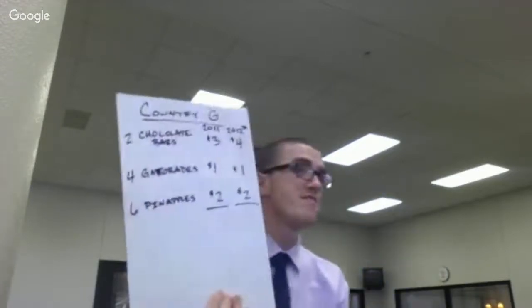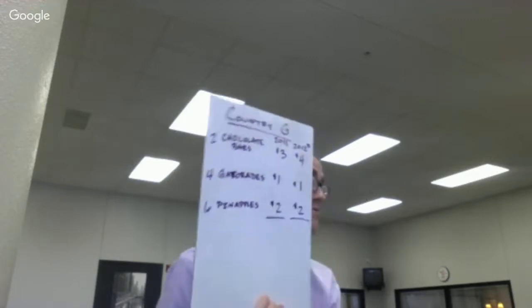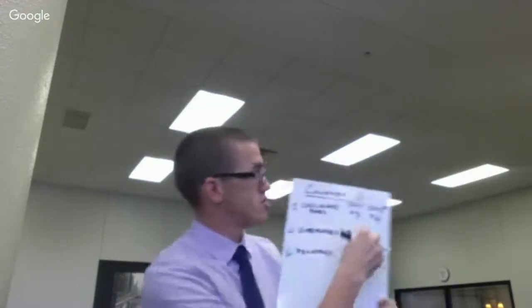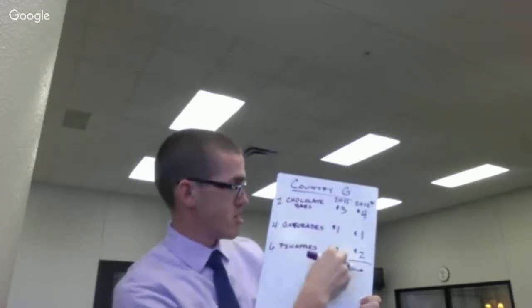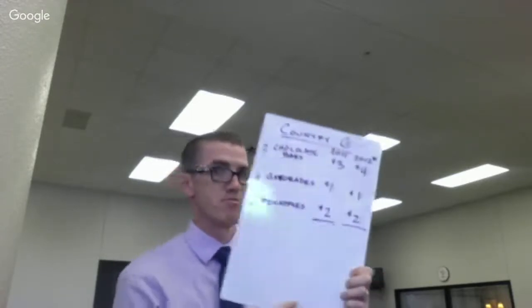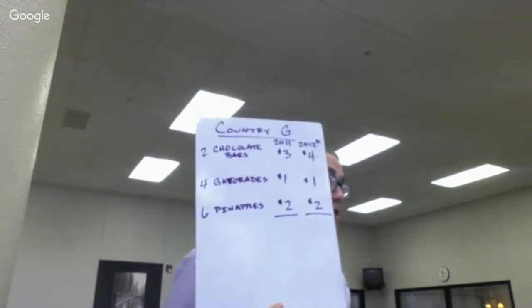All right. So step 1 is to find the value of the market baskets. It is $3 per chocolate bar, $1 per Gatorade, $2 per pineapple. So find the value of the 2 market baskets. All right, ready, go.